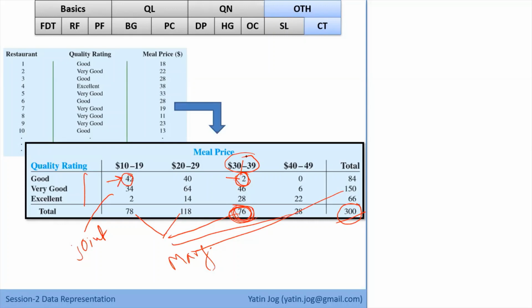So this 76 is only associated with the column heading. Similarly, this 84 is only associated with the row heading. There are 84 restaurants out of 300 which have a good quality rating.